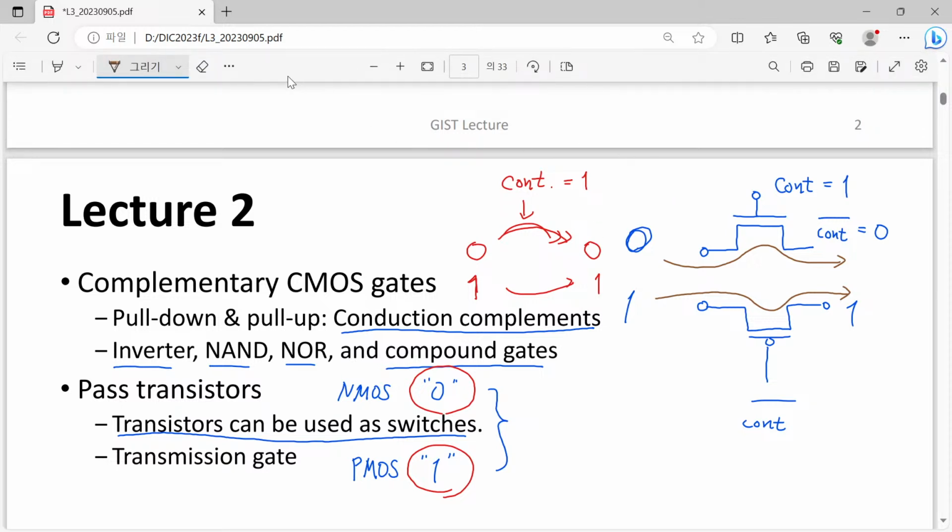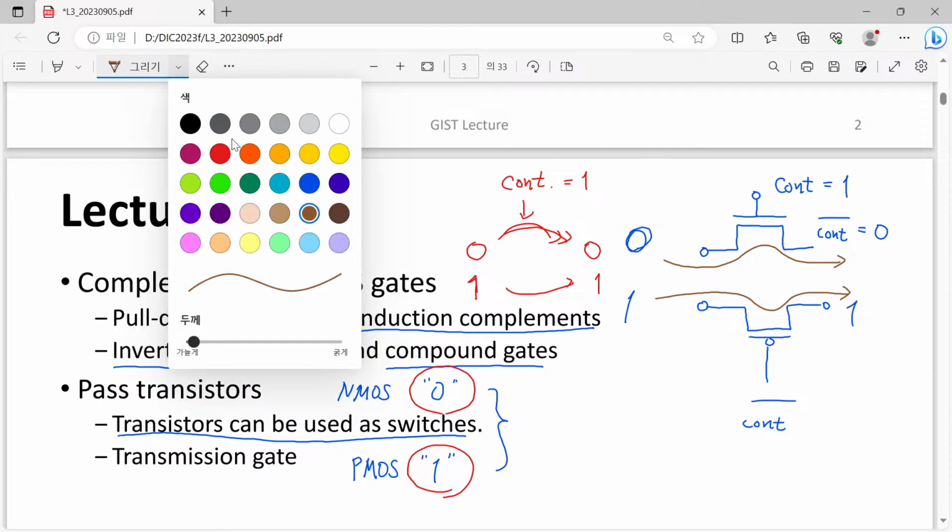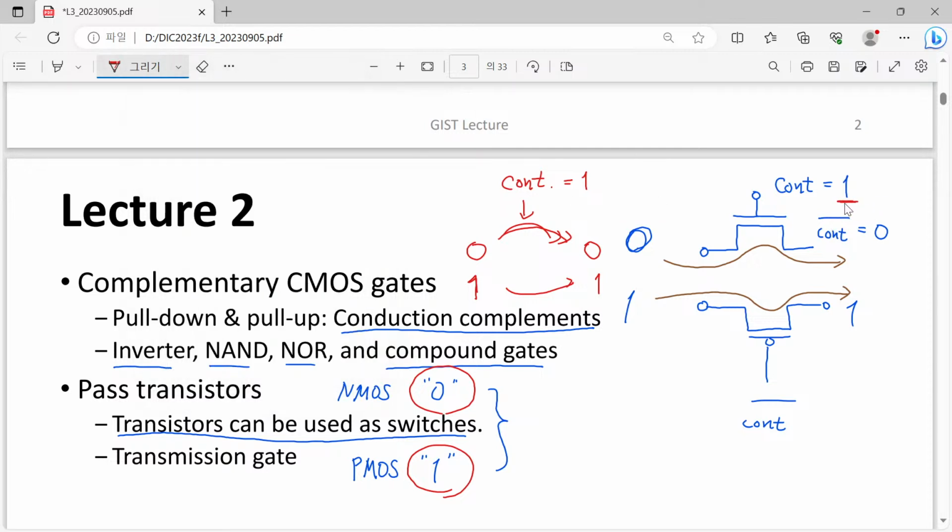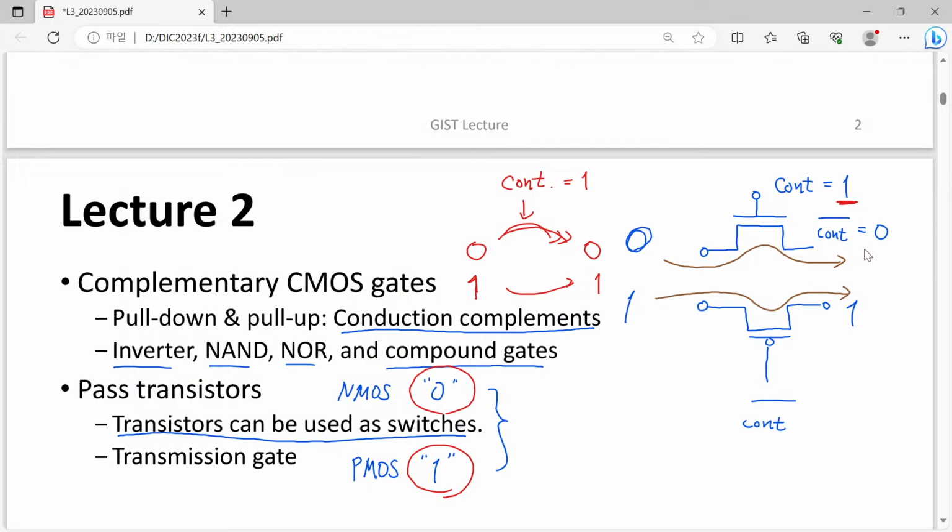We are now talking about a control signal of 0. Previously, we considered the control signal equal to 1 and its inverse 0. How about the opposite case? The control signal is 0 and of course its inverse is 1. In this case, our NMOS is turned off and our PMOS is also turned off.